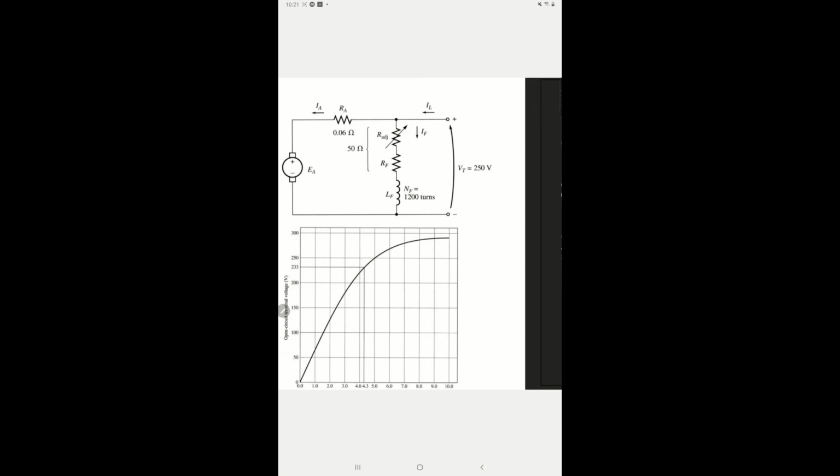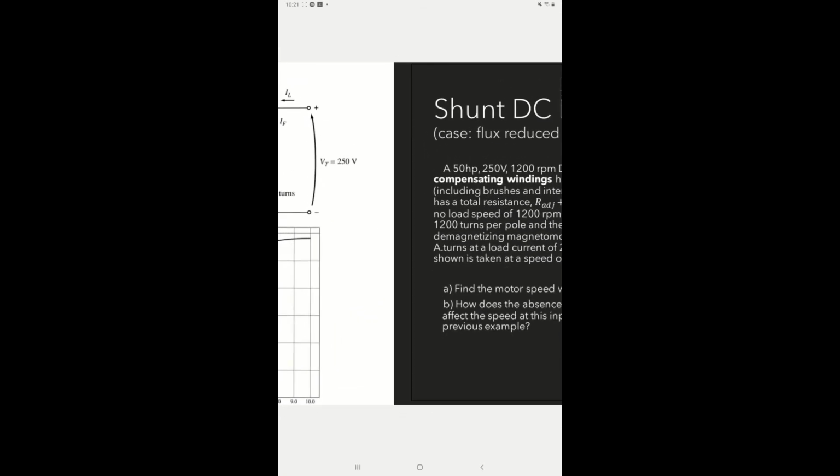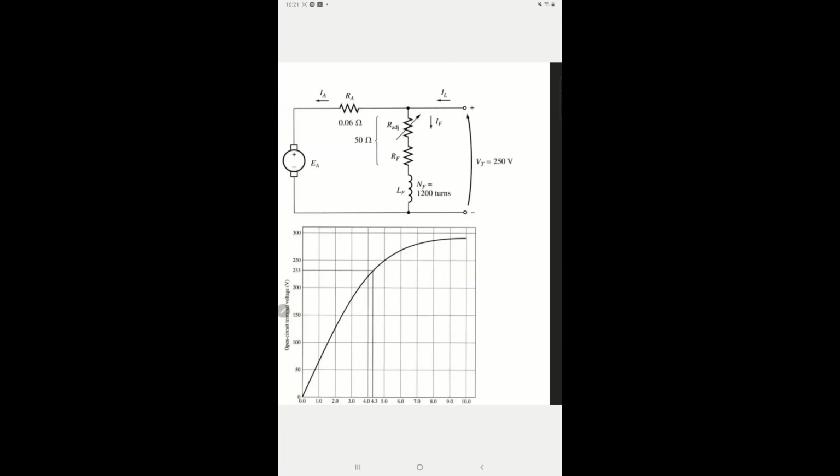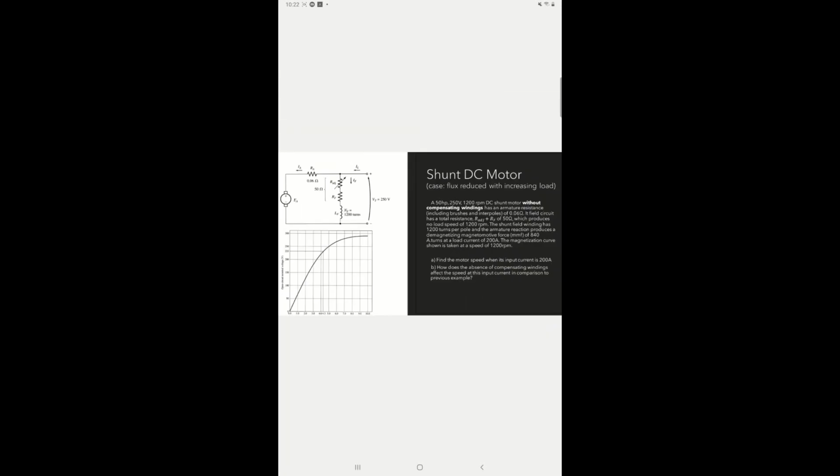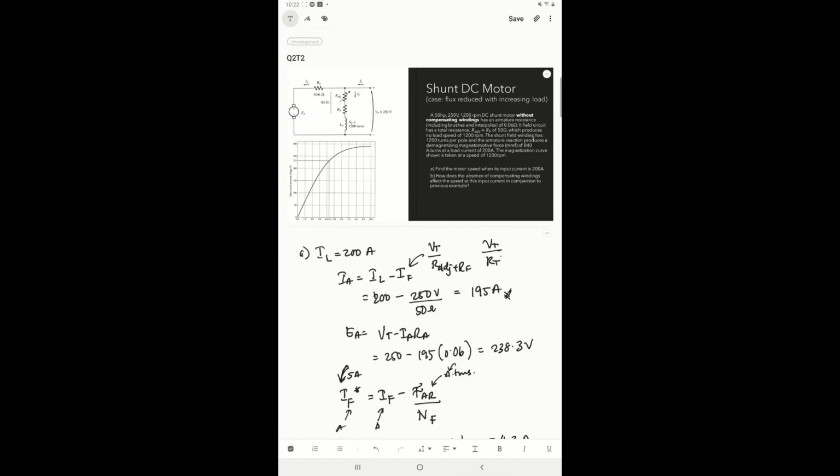I will explain what it is after this, but right now, if we have 5 ampere, obviously the open circuit terminal voltage is 250 volts. Now, with 4.3 effective field current, the open circuit terminal voltage is 233 volts. So it's different.